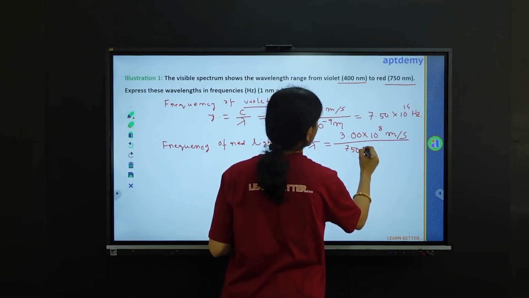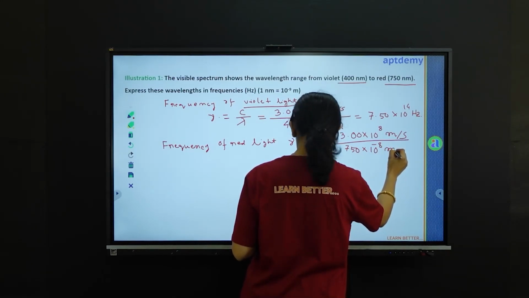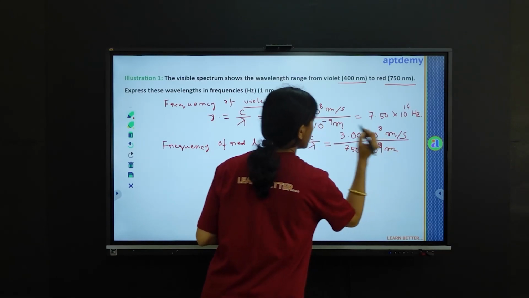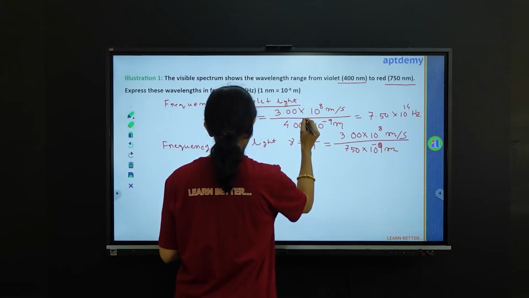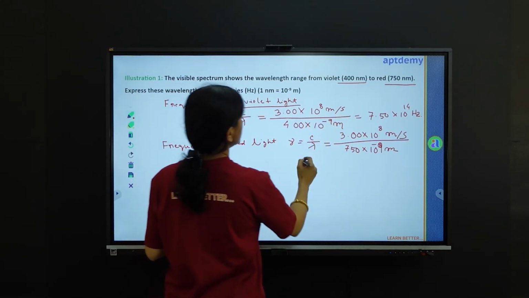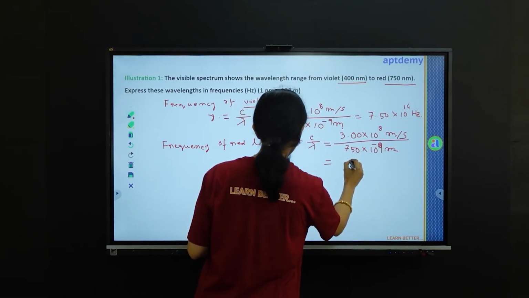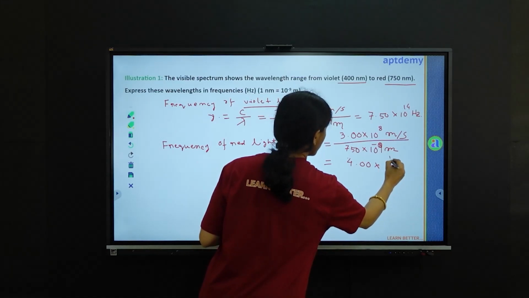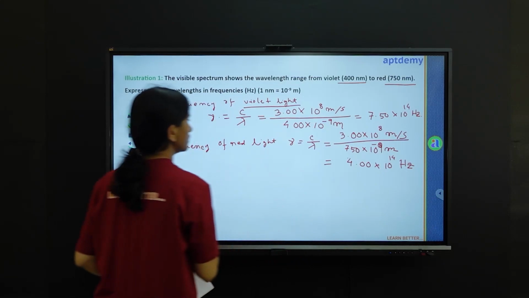That is 750 times 10 to the power minus 9 meter. So if you solve, you will get the value of 4.00 times 10 to the power 14 Hz for the red light.